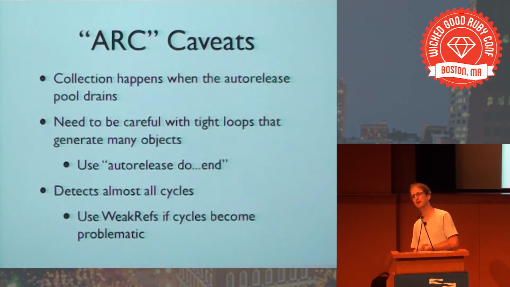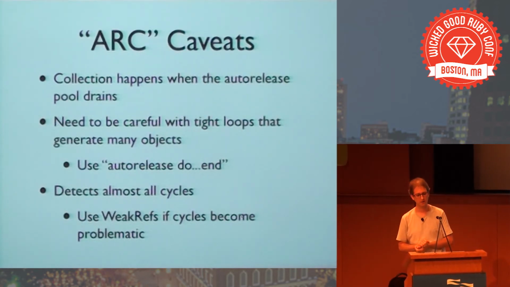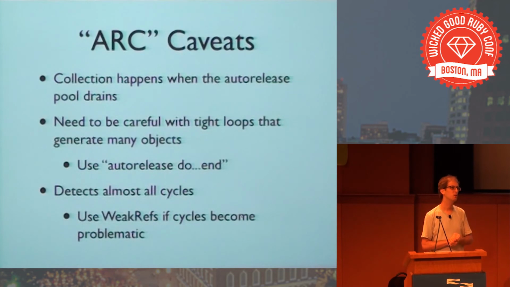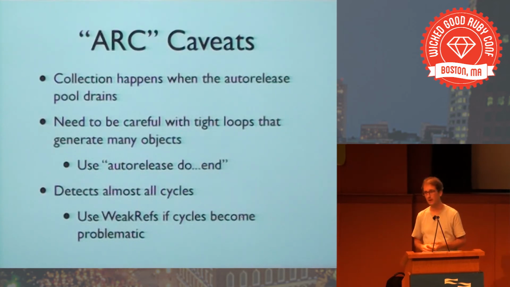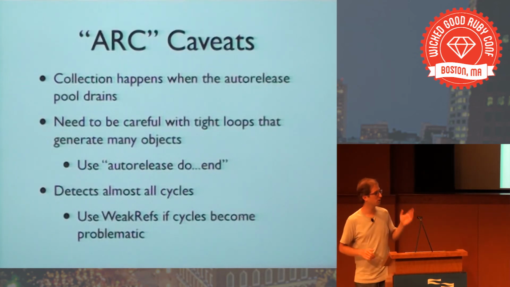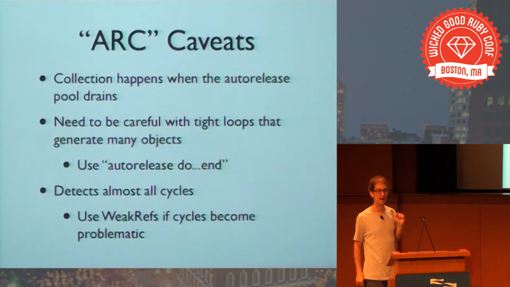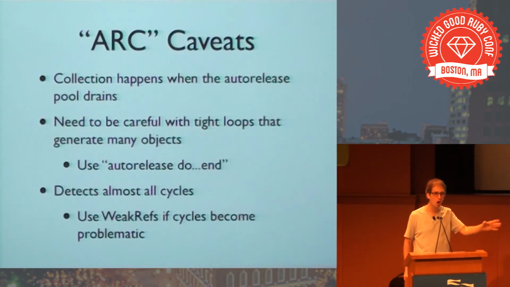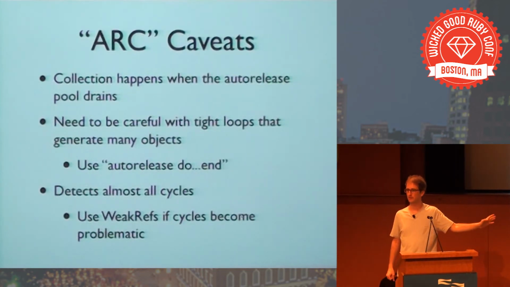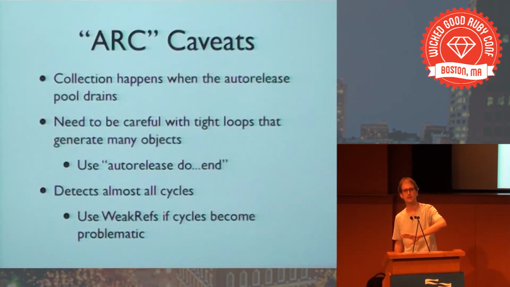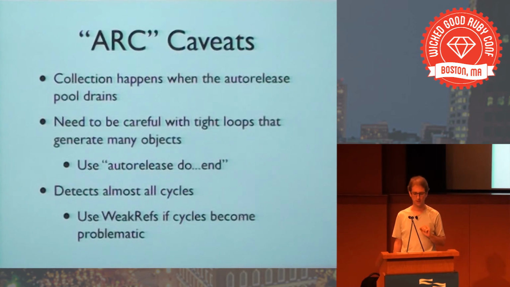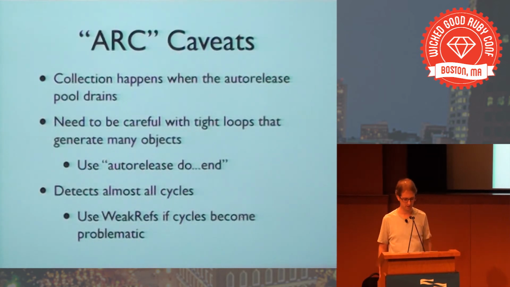So it can't find absolutely all cycles, but it will find almost all the cycles that will ever occur in normal code. That said, there is also this new WeakRef class, so that if you know there is the potential for a retain cycle, use a WeakRef to reference the other object, and that way you can be sure that the cycle will be broken.